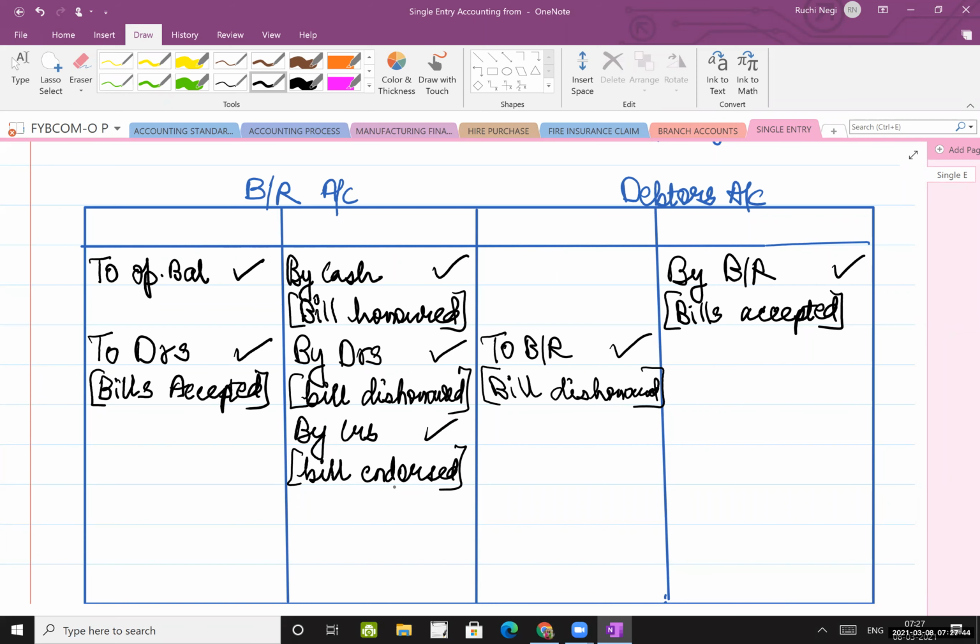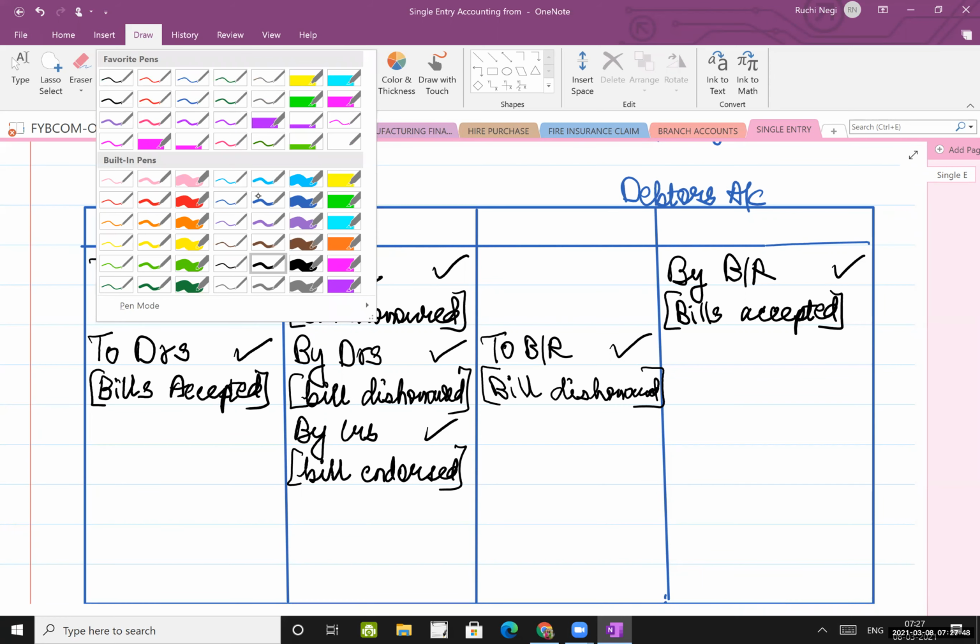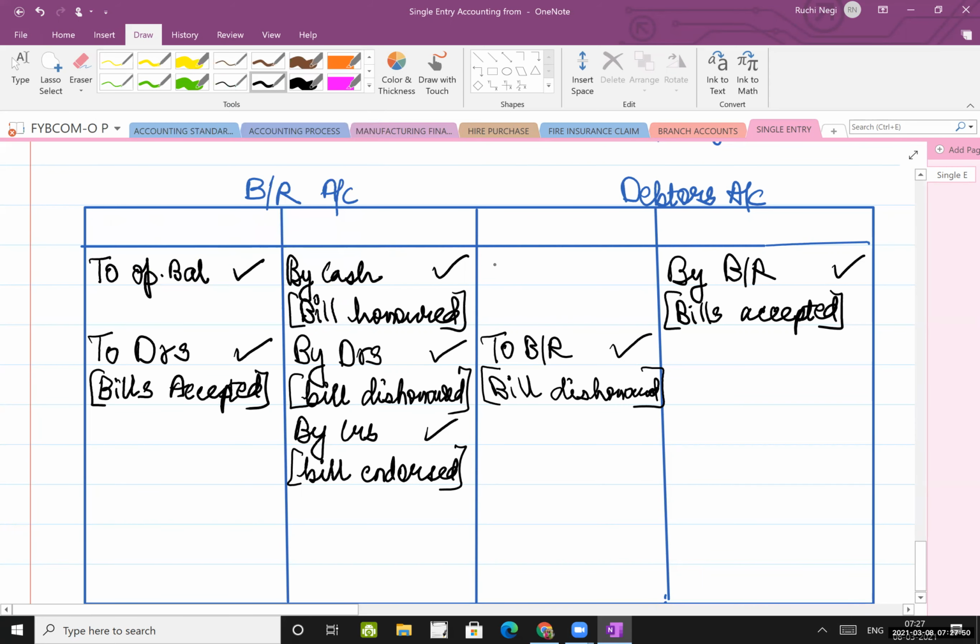Now debtors. What all will come in debtors? Opening balance, obviously. So, to opening balance of debtors, correct? Then the credit sales entry: debtors to credit sales.